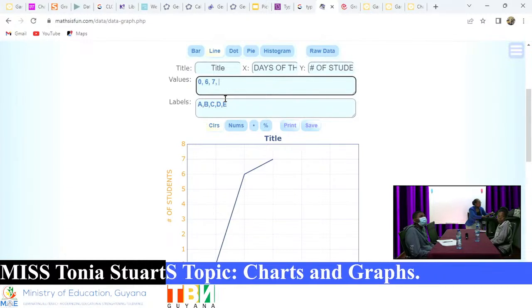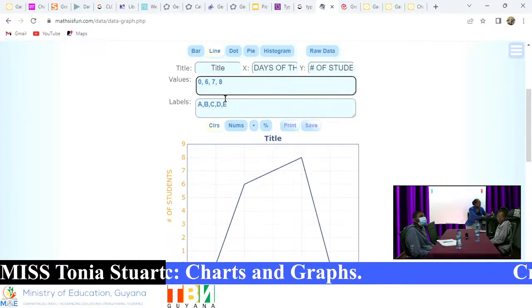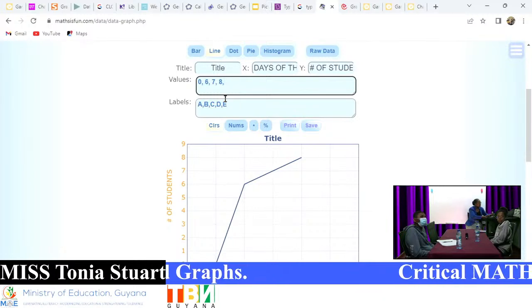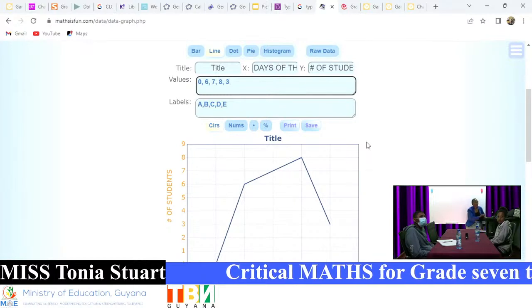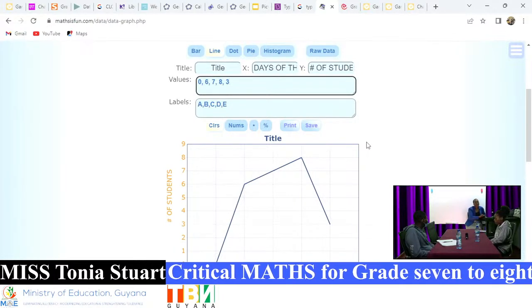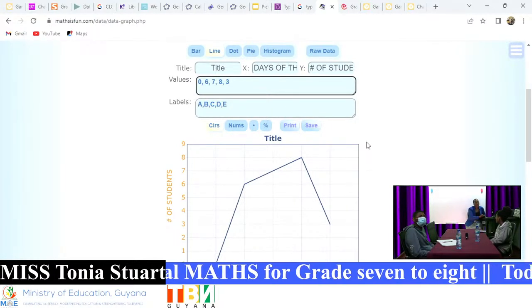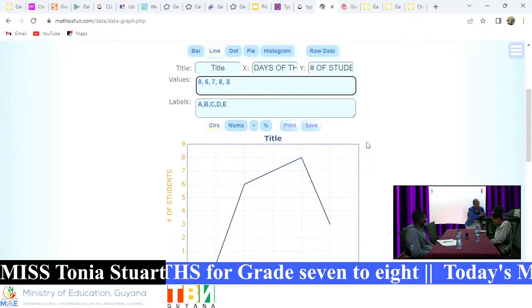Thursday we had 8. Friday we had 3. Right? So that's another pattern. Tell me something about that pattern. All right, let me give you the question.